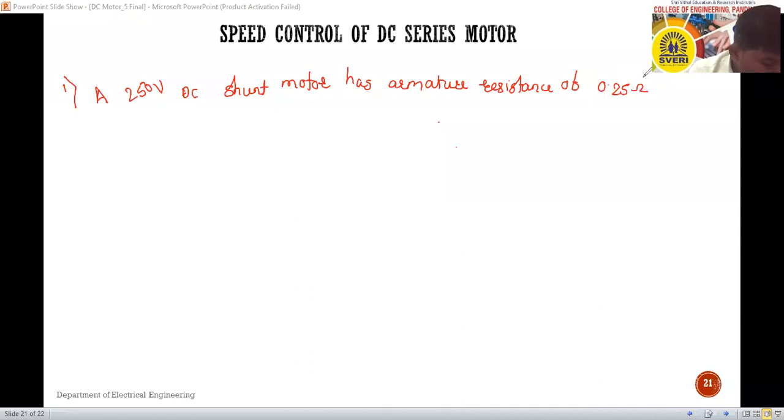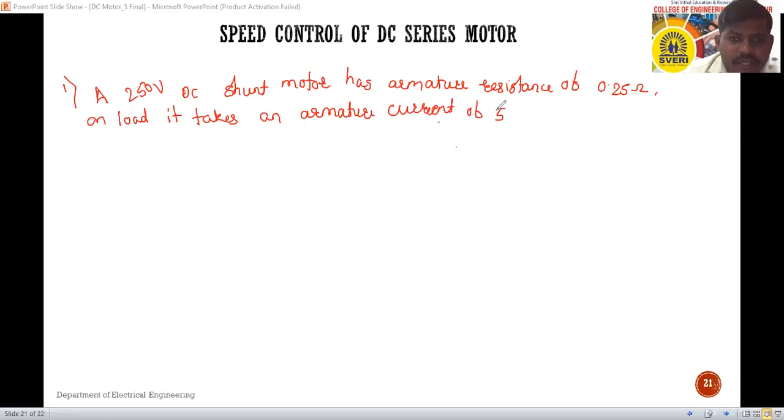On load, it takes an armature current of 50 ampere and runs at 750 revolutions per minute, that is 750 rpm.